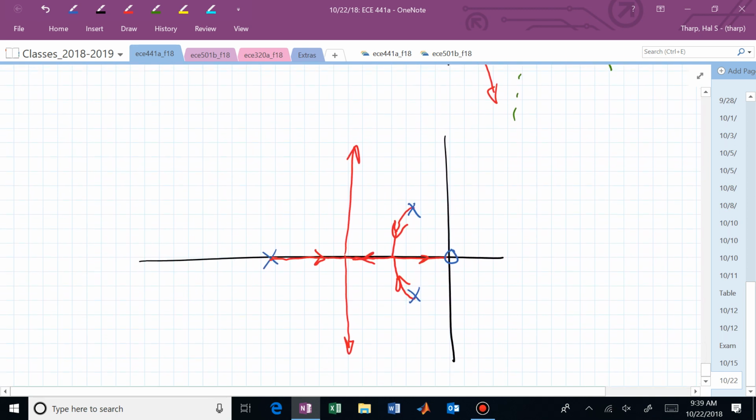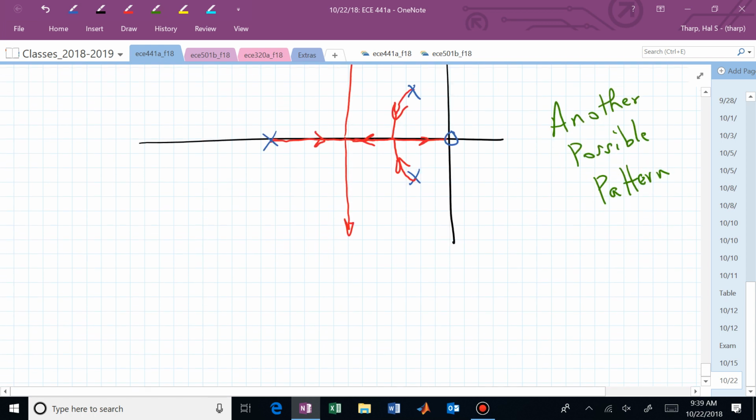But anyway, this is a second pattern. And we now need to study the root locus so that we can figure out which pattern it actually is.